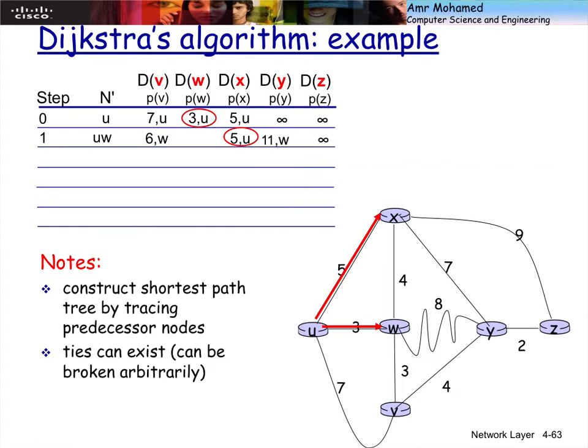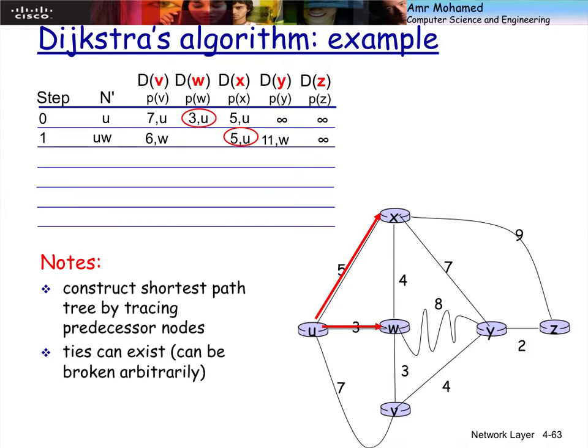So now we have to add W to n dash. Once we add W to n dash, now we can calculate these vectors of distances again, but based on knowing U and W. So for example, if I want to calculate the distance to V, okay, now I know that the distance to V from U is 7, but from W it is based on the cost of W, which is 3, plus 3.